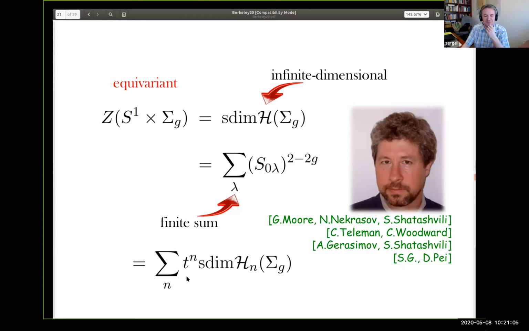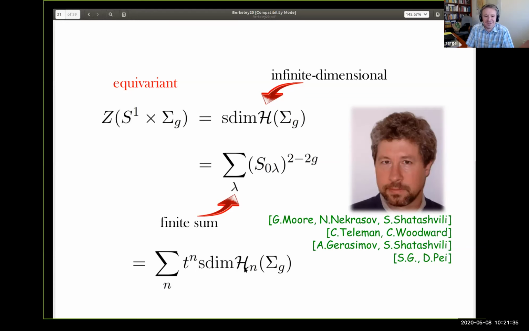So it will be an expression of the form sum of the graded dimensions of the graded pieces with another variable that I'm going to call t to the nth power. So for the nth graded piece, there will be t to the n. So here n is just the usual Z grading. And in the setting that we're going to consider, this Z grading for the t variable will come from a circle action on space X.